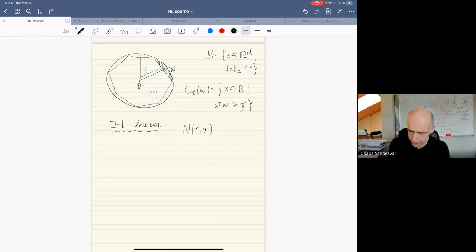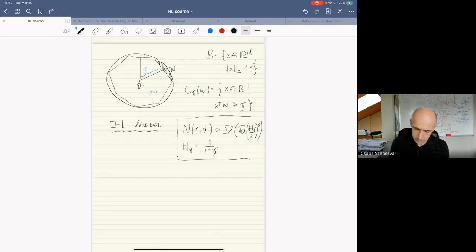The number of these caps which are disjoint is going to be lower bounded by the square root of d times (H_gamma over 2) to the power of d, where H_gamma is just 1 over 1 minus gamma. And you can calculate this by just using volume calculations. So this is good old-fashioned analysis, volume calculations.